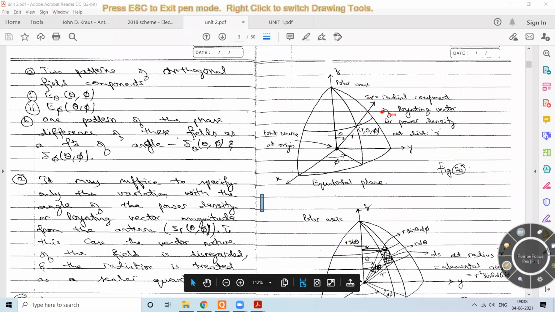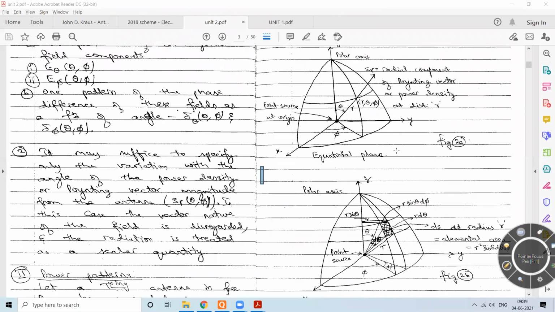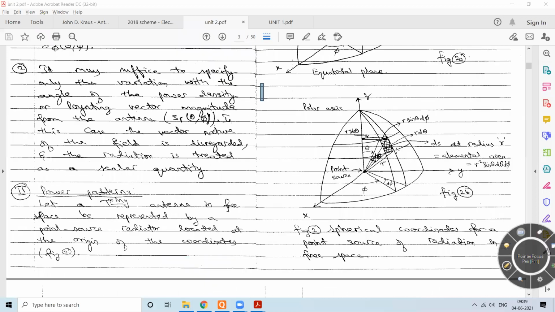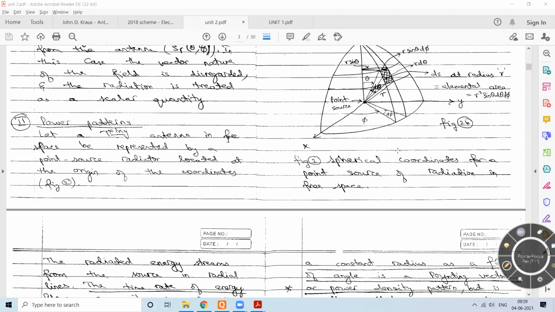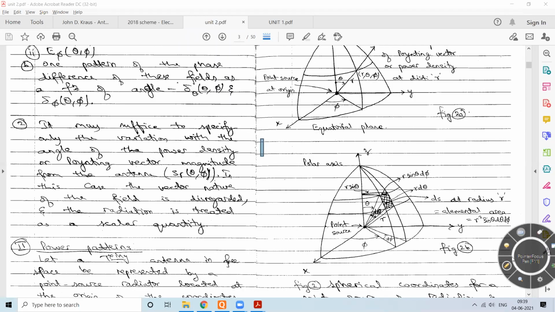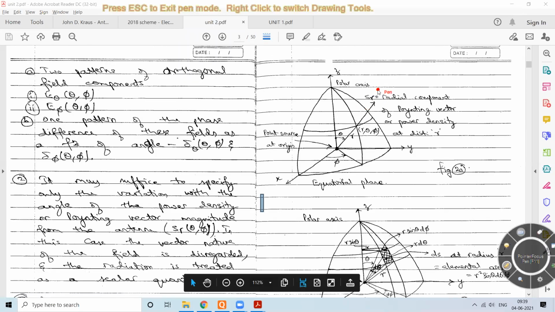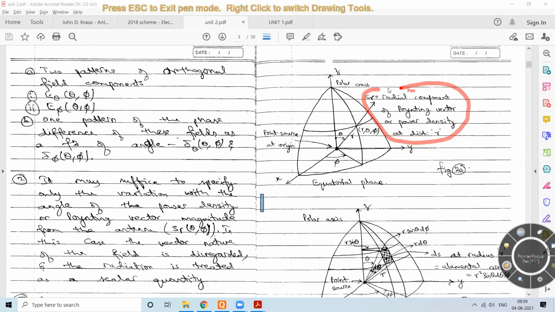As we move further, as the distance keeps on increasing, the 1 by r square component value keeps on reducing. Therefore, the power density we are considering will have only the radial component at this point.